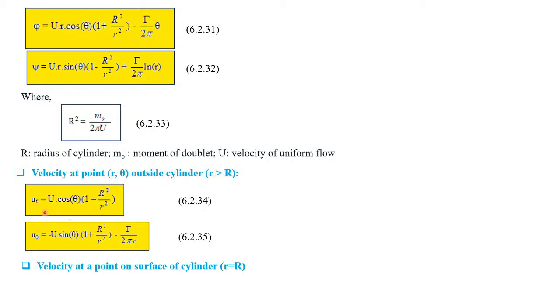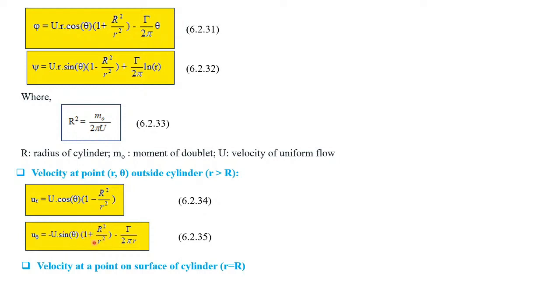Now we would like to find the velocity on the surface of the cylinder. We just put small r equal to capital R. So this one, 1 minus 1, is 0. Therefore we get the velocity UR equal to 0 on the surface of the cylinder. For small r equal to capital R, this one, 1 plus 1, is 2.